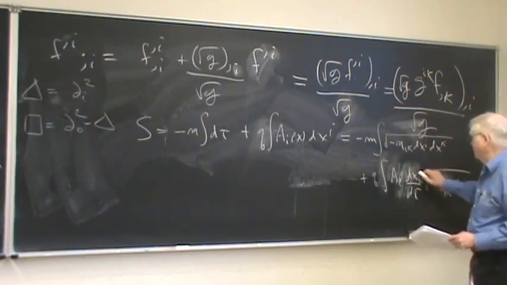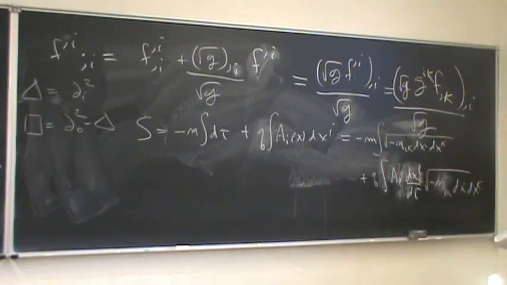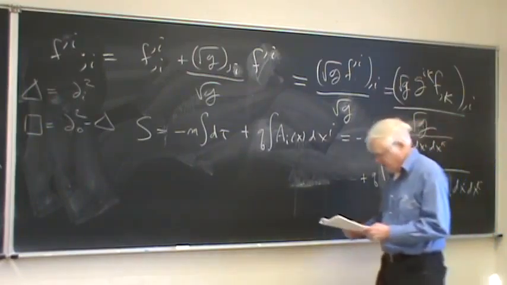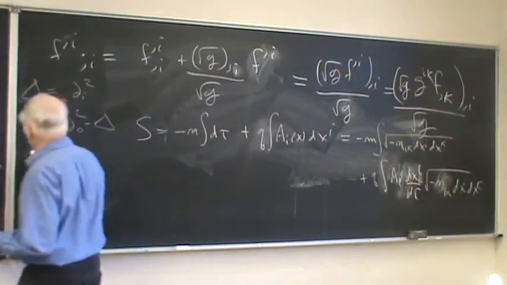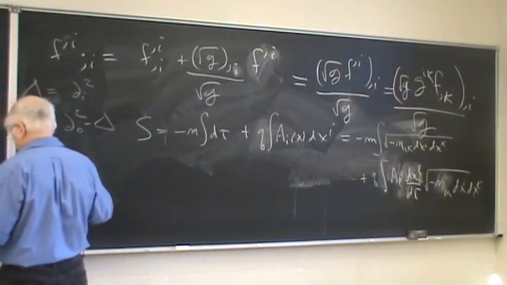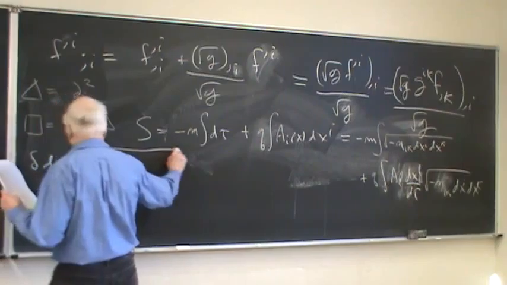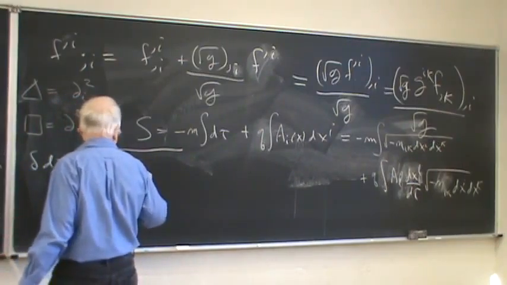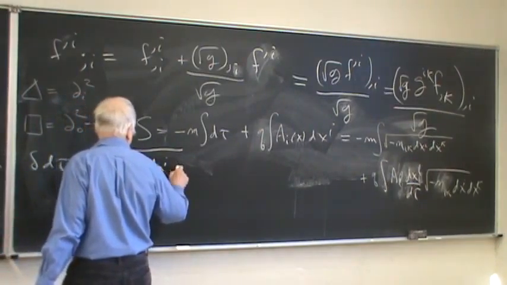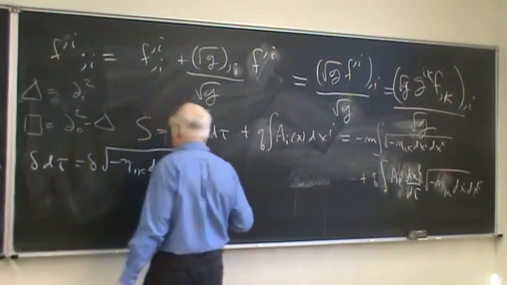And this is an upper L. Okay. All right, so this is the expression in special relativity. And now the key thing is to look at what the variation of dτ is. And so this is the variation of minus η_ik dx^i dx^k.